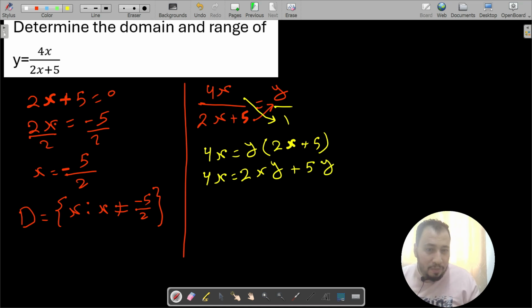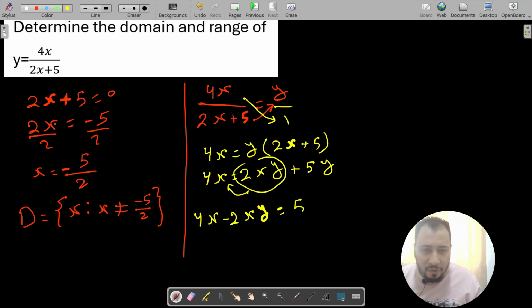To make x the subject, you have to make sure that all x terms are on one side. So simply, I'm going to move this to the other side with a different sign. So 4x minus 2xy equals positive 5y. Pay attention to this, please, because you will face this a lot when you rearrange a formula or make any variable the subject.